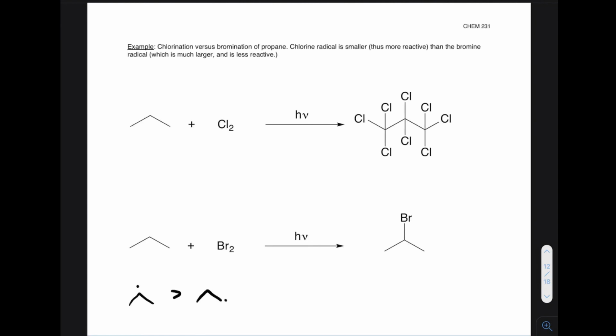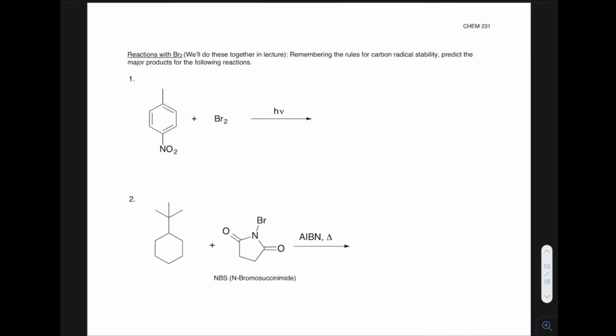I'm skipping over the initiation and propagation steps, but eventually we would get here, because there has to be a radical formed to react with radical bromine. So remembering that secondary radicals are more stable than primary radicals, we know that the bromine radical will react with propane in the central carbon position to get 2-bromopropane.